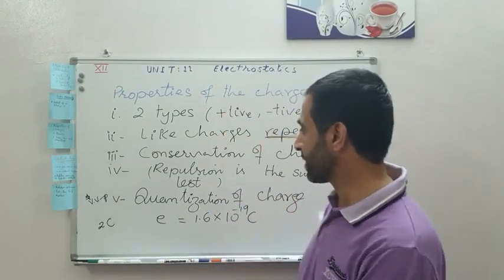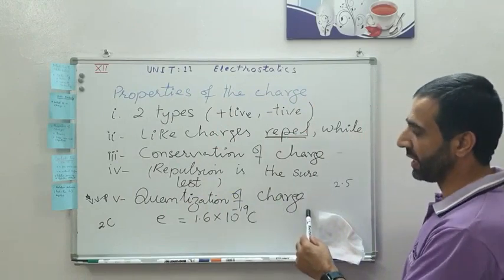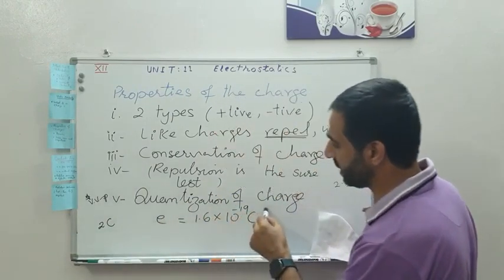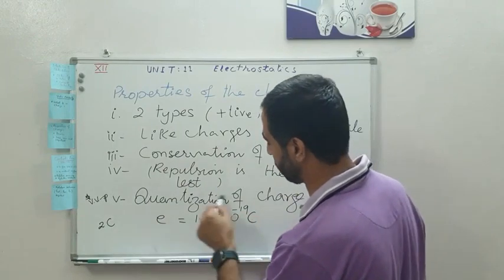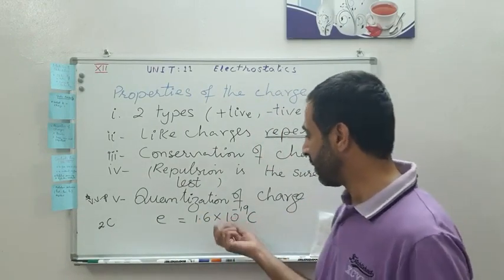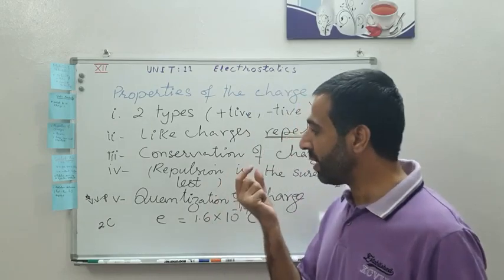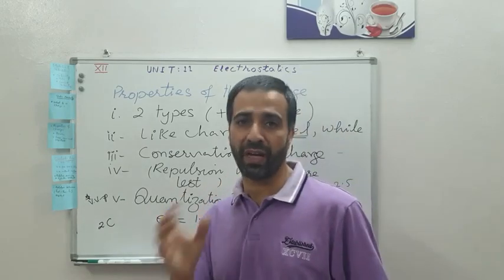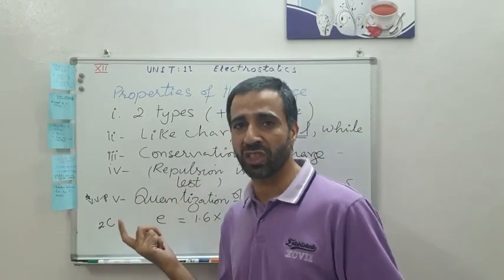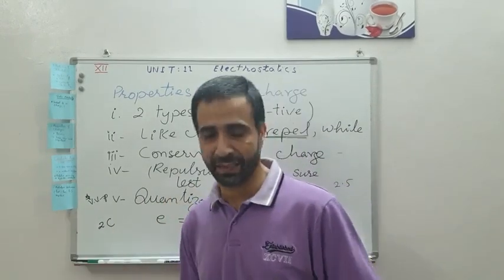This is why it is called the quantization of charge. That it must be the integral multiple of a fixed value like this one. Whenever you divide the charge by this value, you will always get a whole number. If you get a fraction, it means that it is a supposition and it has nothing to do with the experiment.